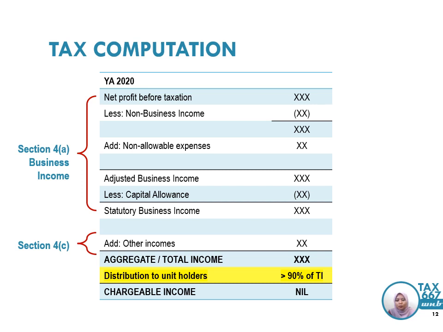Sebab section 61A kata kalau REITs distribute 90% ataupun lebih daripada total income pada tahun tersebut, dia akan dikecualikan daripada tax. So, dengan sendirinya chargeable income akan dikira sebagai kosong. Tak perlu bayar tax untuk tahun tersebut.